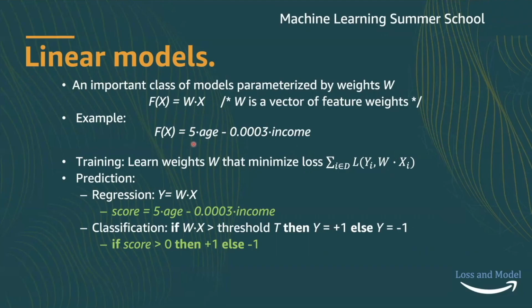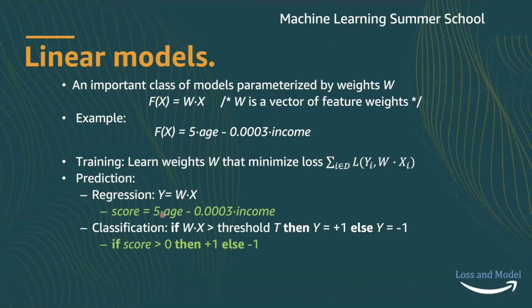Let's say you have two variables, age and income. You have the first coefficient times the first variable, here 5 times age, and then the second coefficient times the second variable, here -4 times the income. And then depending on whether you have a regression or classification problem, you would use this f of x correspondingly.